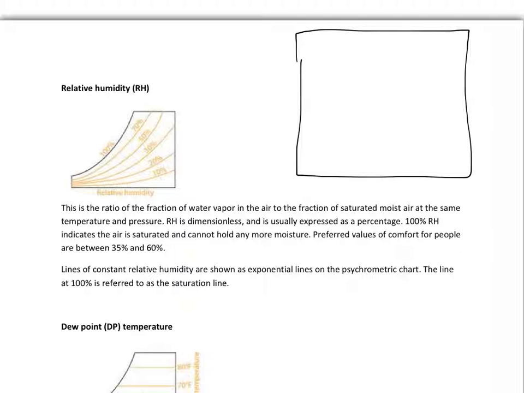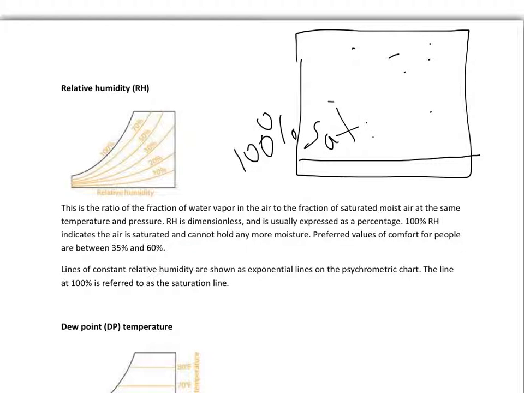So given a typical air sample like this, if we say that the amount of water vapor at 100% saturation is right here, saturation. So what we talk about when we talk about relative humidity is, for the actual air sample, what is the actual amount of water vapor. So in this particular case, let's say that we have half as much. So the actual amount of water vapor within the air sample is only half as much of that amount.